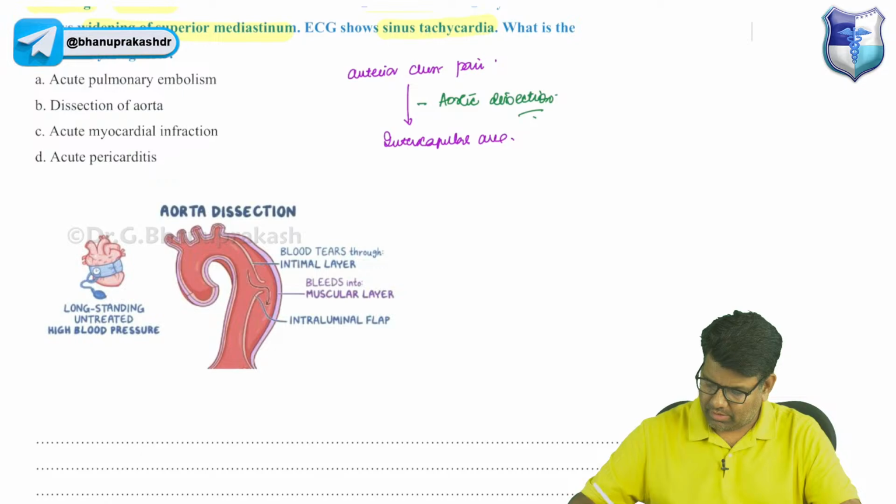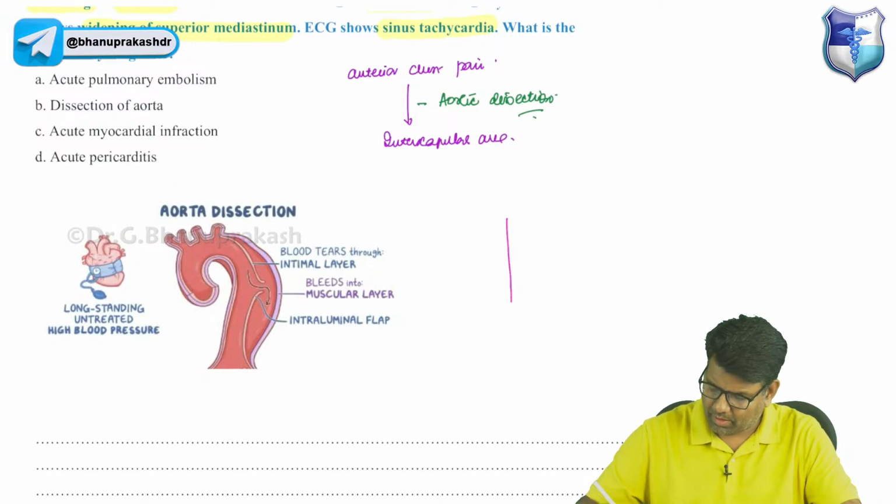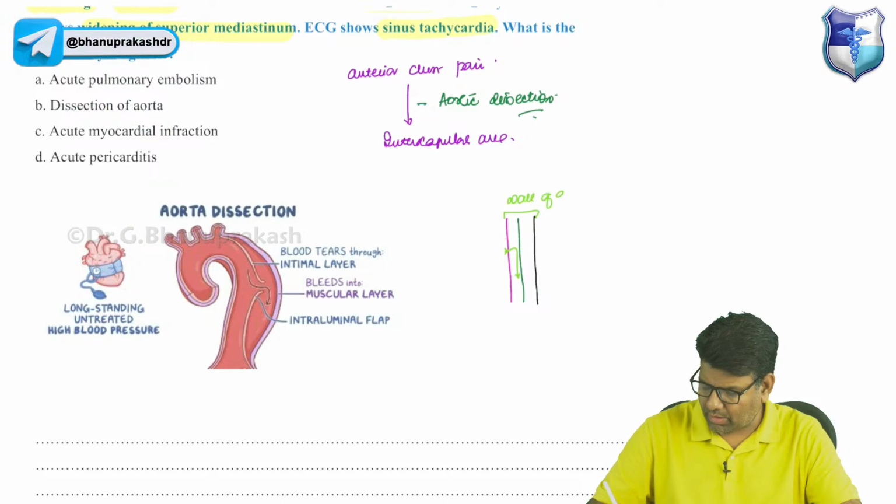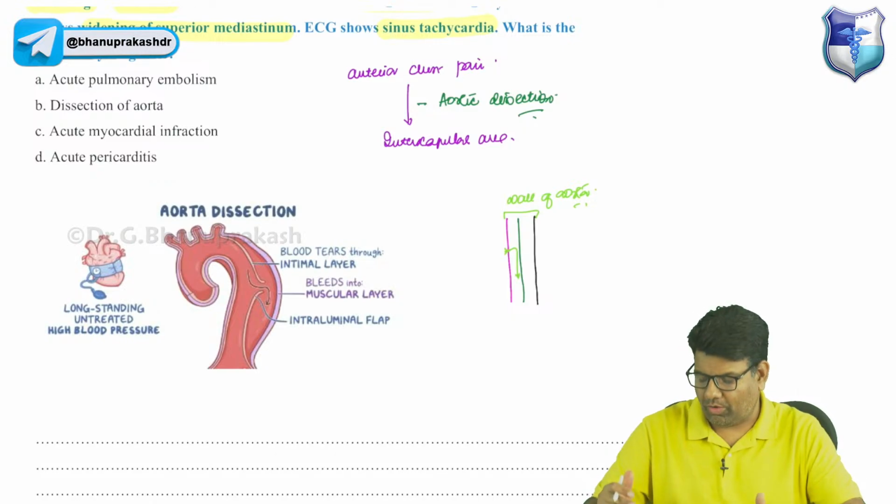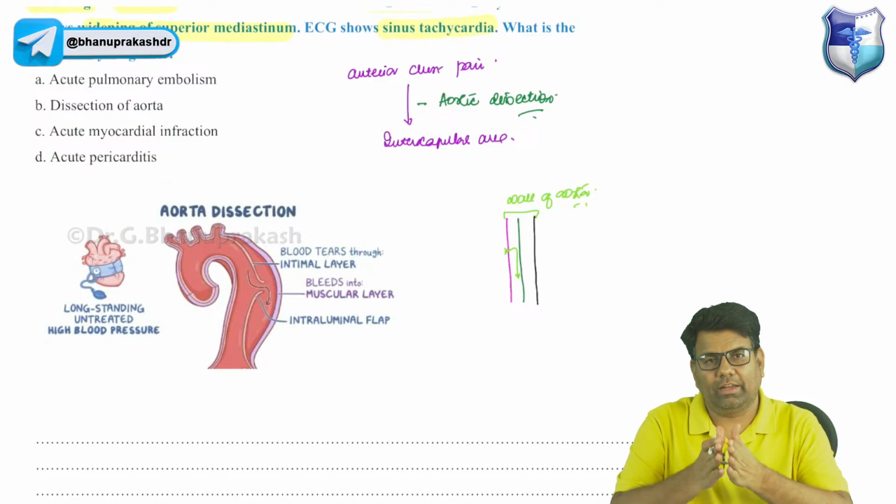You take the layers of the aorta: intima, then we have the media, and finally we have the adventitia. So whenever there is very high blood pressure, there is a possibility that the blood might create a tear and will move inside the wall of the aorta, and then it will keep on separating the layers of the wall of the aorta, and therefore we use the word aortic dissection.